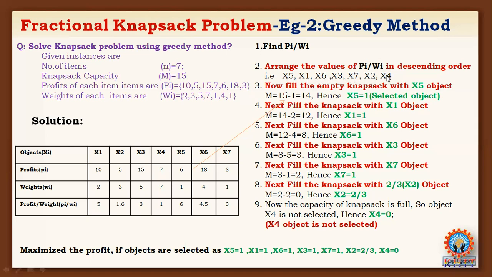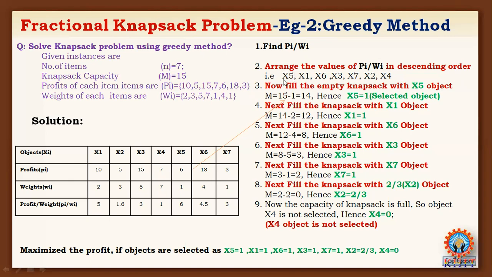Once the values of each and every object are arranged in descending order, now start placing the objects into the empty knapsack. Whenever you are planning to place objects into the empty knapsack, you follow this order.